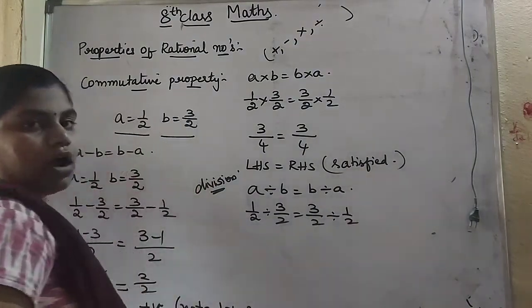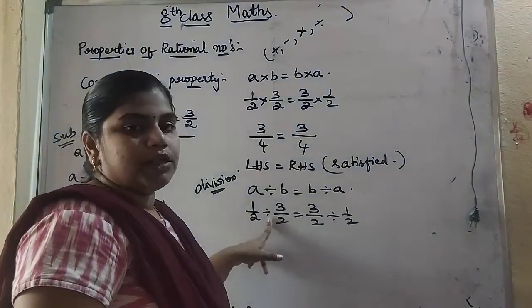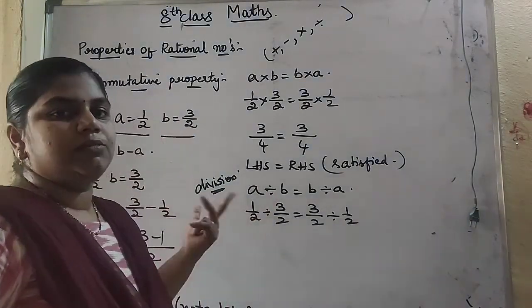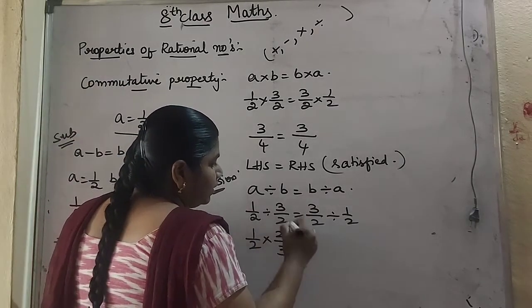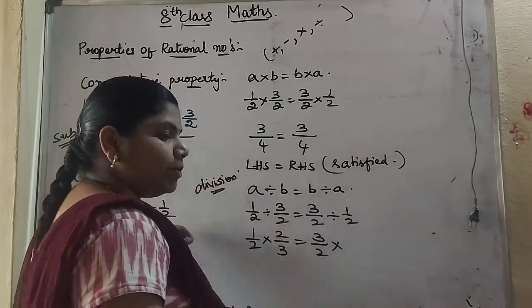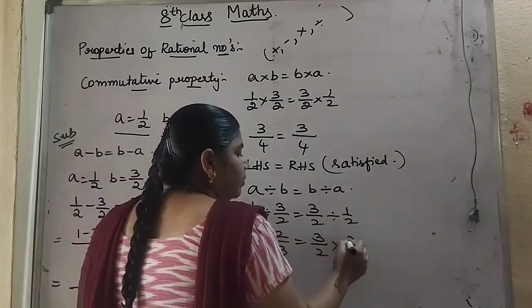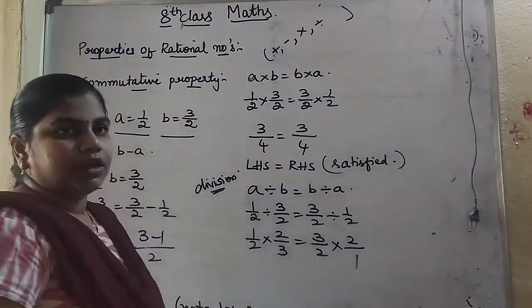So already I told you how to divide two rational numbers. Division will be converted into multiplication. The second term will be reciprocal. So 1 by 2 into 2 by 3. Here in the same way, first term as it is, division will be converted into multiplication, and the second term will be reciprocal, that is 2 by 1. Now we know how to multiply rational numbers.